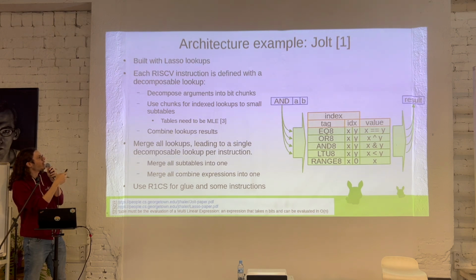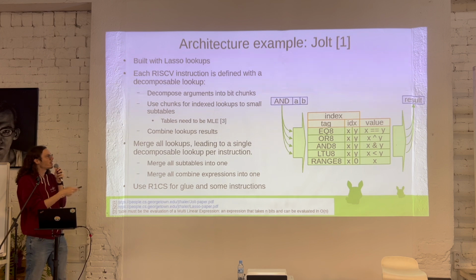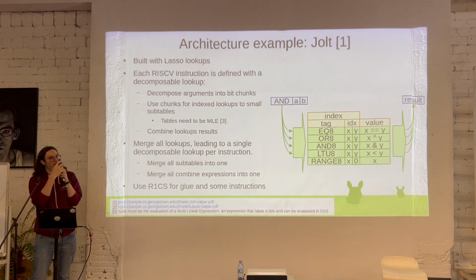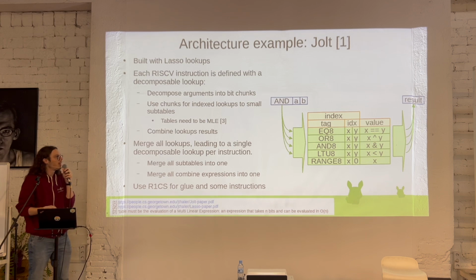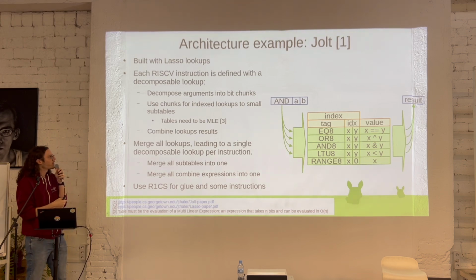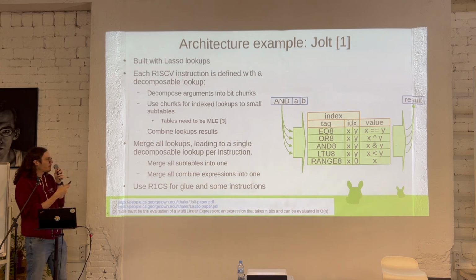And in the Jolt paper, it explains how to express all the RISC-V instructions in terms of this decomposable lookup. And Jolt not only does this, but once it defines the lookup for each instruction, it merges all the subtables and all these expressions to decompose the lookups. So at the end, it's just one single lookup expression, a decomposable lookup, for all the instructions.